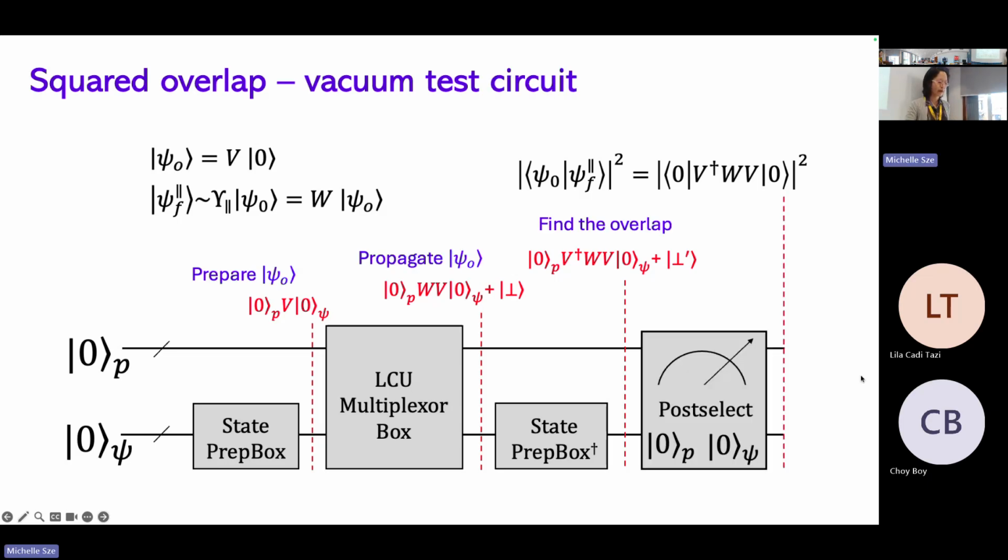Any question here? This is just a diagram, not really a detailed illustration of what's happening inside, but this is one way to do your squared overlap. You can do a Hadamard test or whatever tools you have.